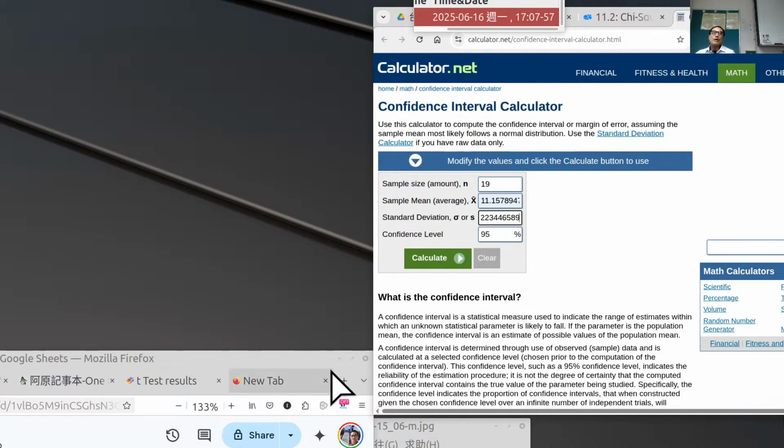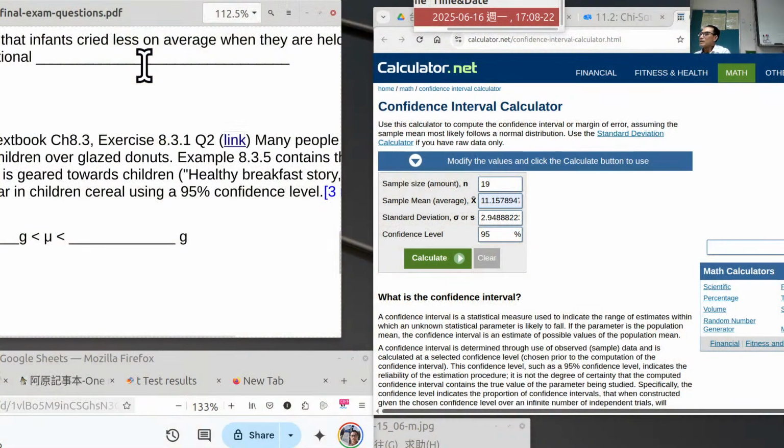Okay, after we have the information, the sample size, the sample mean 11.1578, standard deviation 2.94, and confidence interval 95%. Yes, and let's check the question. The 95% confidence interval, and click calculate.